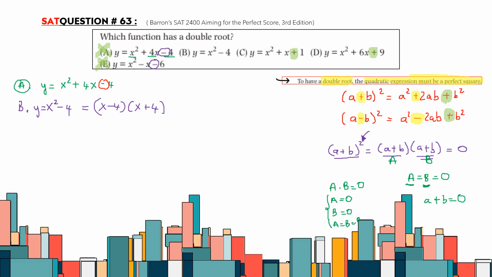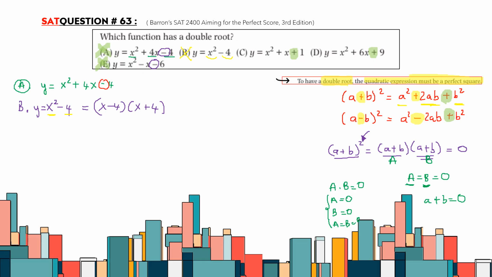This one only has two terms, while a perfect square always has three terms. So B is not the right answer because of the number of terms, right?